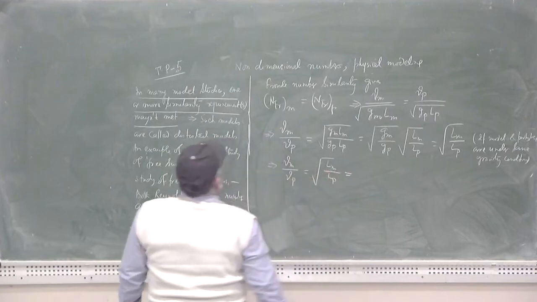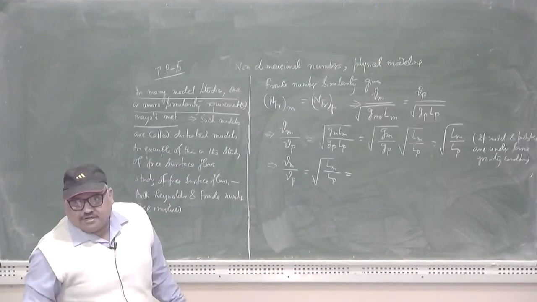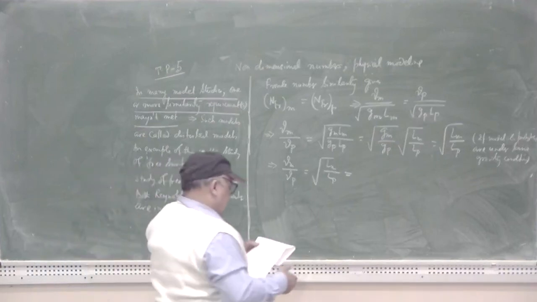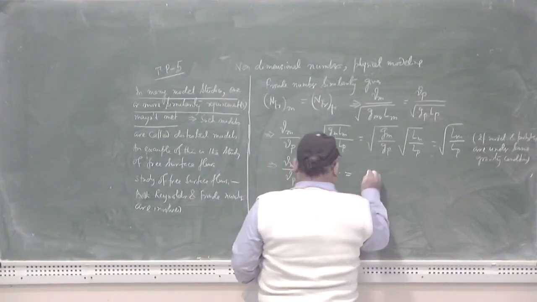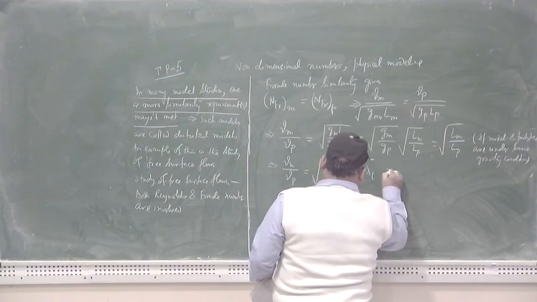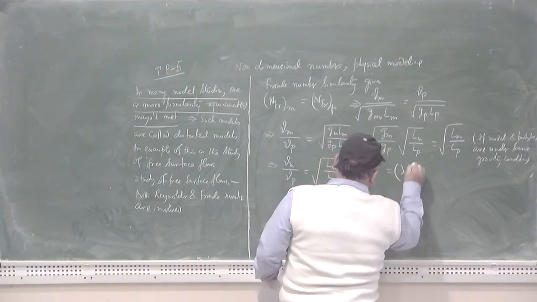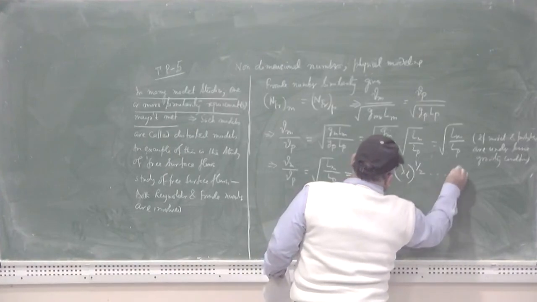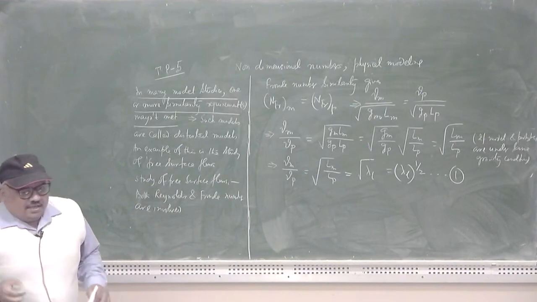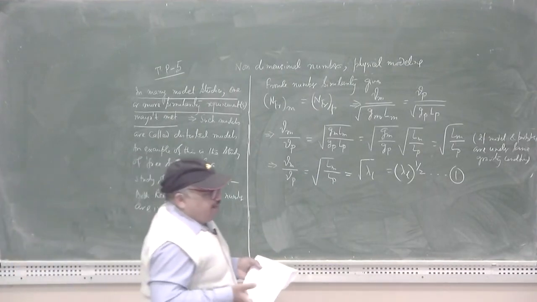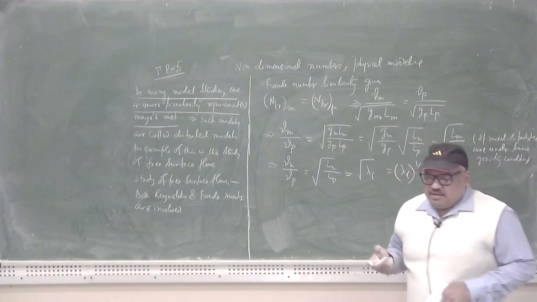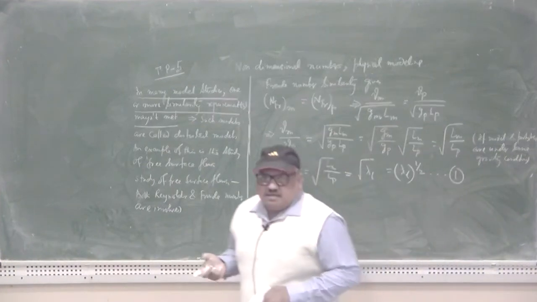And what is the value of Lm by Lp? That is called the length scale, lambda L. So, Vm by Vp is lambda L raised to the power half. Let it be equation number 1. This is the condition arrived at by the equality of Froude number in the model as well as in the prototype.